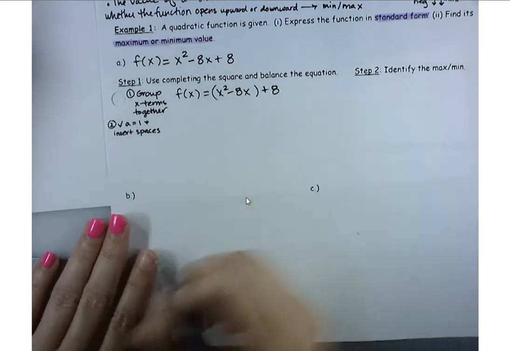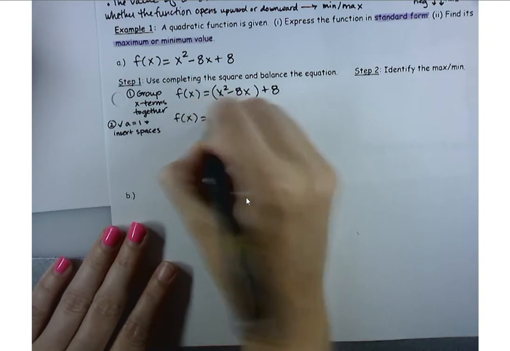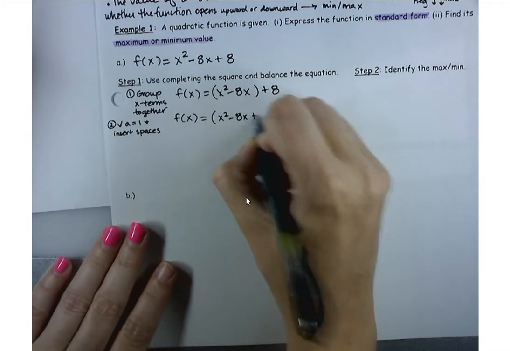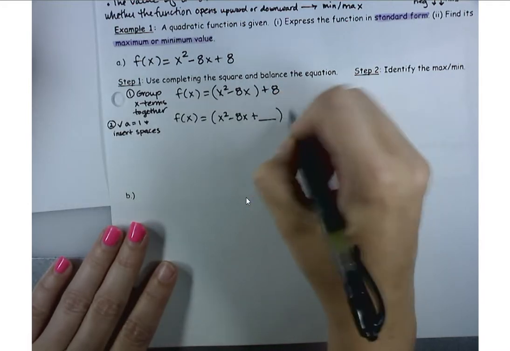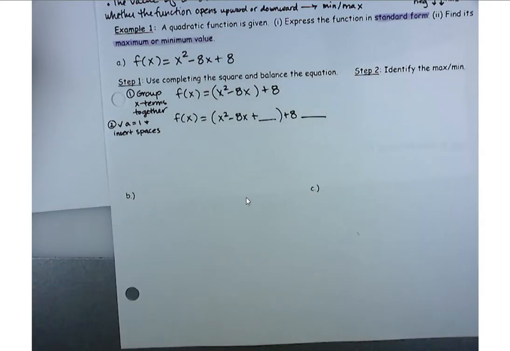Is our a value 1 for this? Yep, so the spaces I'm going to insert are going to be here, plus 8, and then I'm not going to put the sign next to the other one because that is actually going to change depending on what I have.